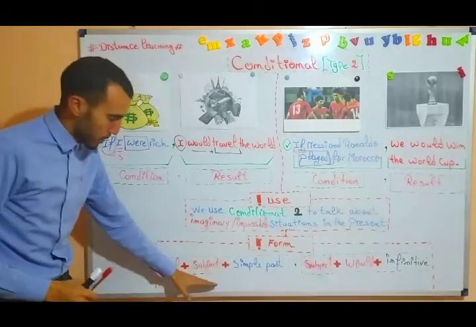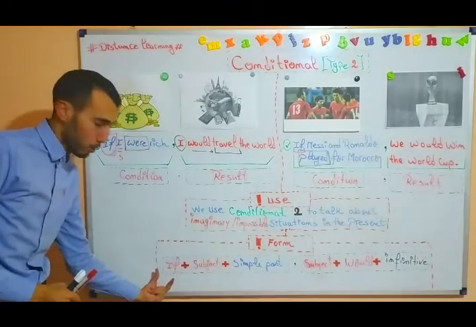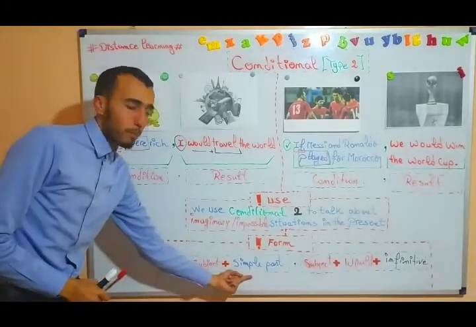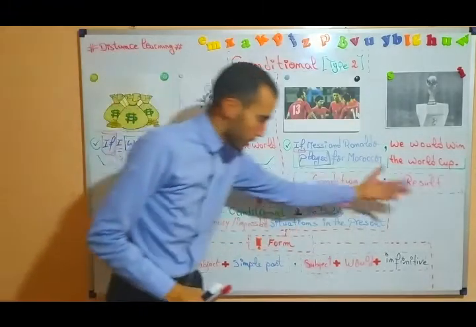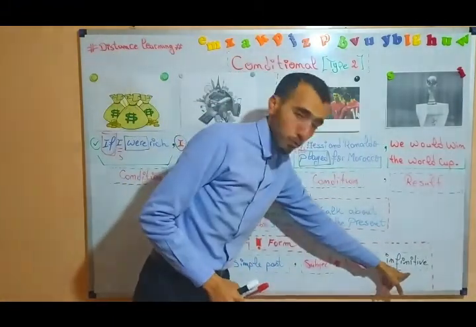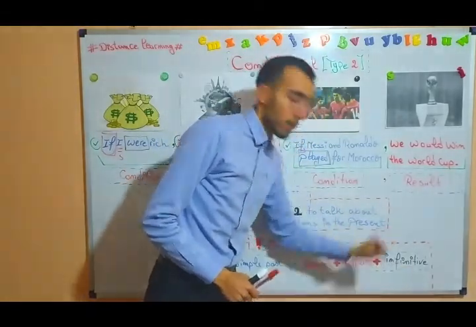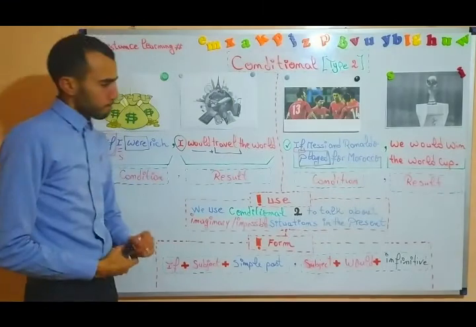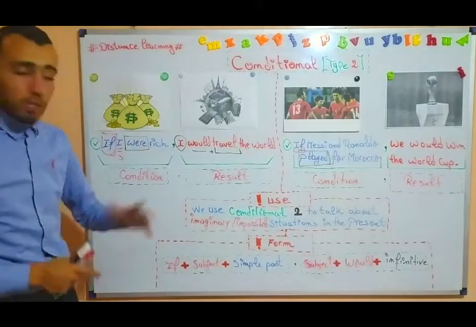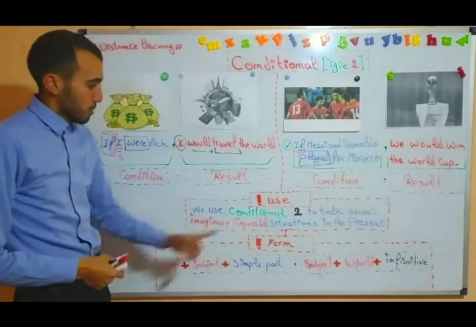If, subject, simple past. So with the if clause, we use the simple past. And in the result clause, the verb is in the infinitive after would. So subject, would plus bare infinitive. Alright, so this is everything you have to remember about conditional type 2 sentences.